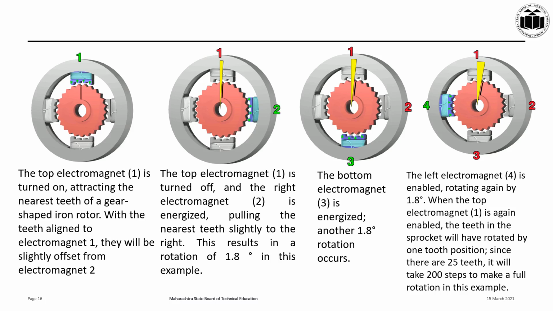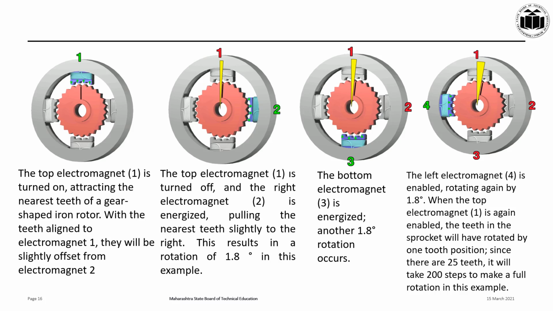Next, in the second step, when the coil of the stator 1 is de-energized and the stator 2 coil is energized, then the nearest teeth towards the stator 2 are pulled, and this results in a rotation of 1.8 degrees.